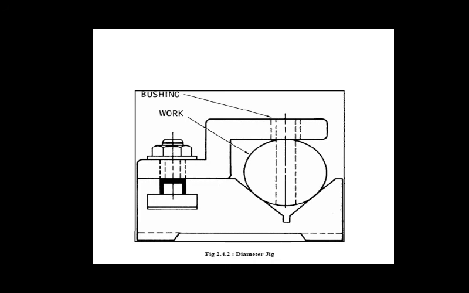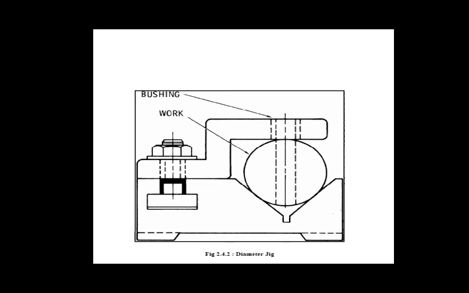Normally they are used for pulleys, collars, gears, and also the modified angle plate jig is made, which is used for machining angles other than 90 degrees. And the last type is the diameter jig, which is used to drill holes on the periphery of cylindrical or spherical workpieces.